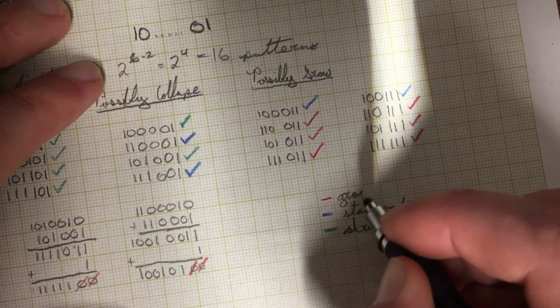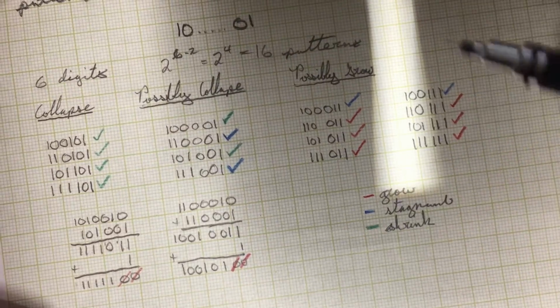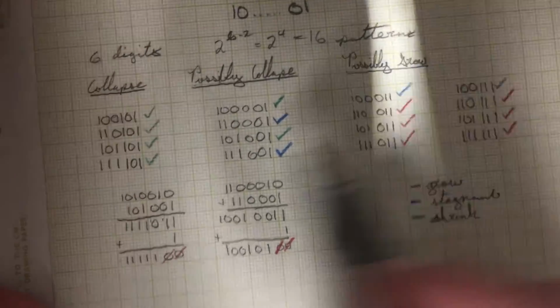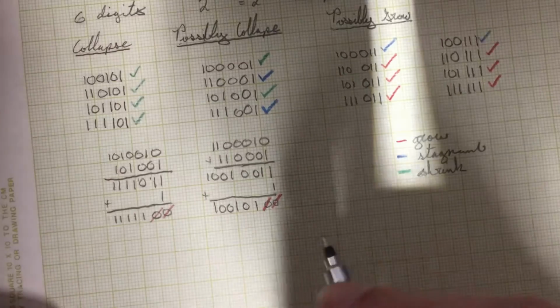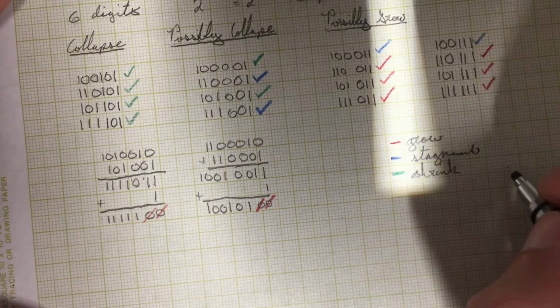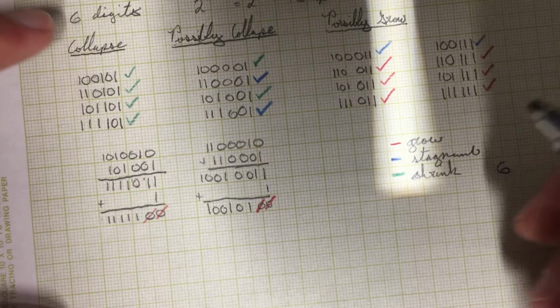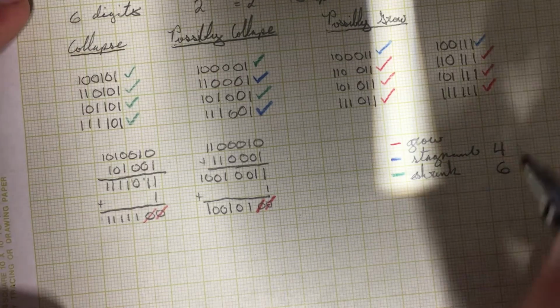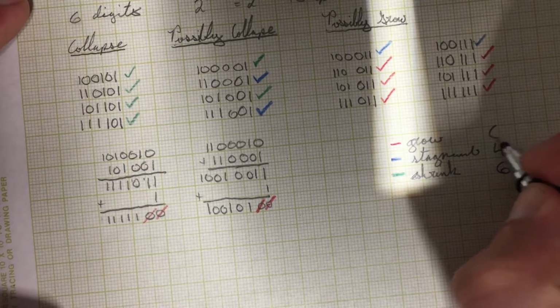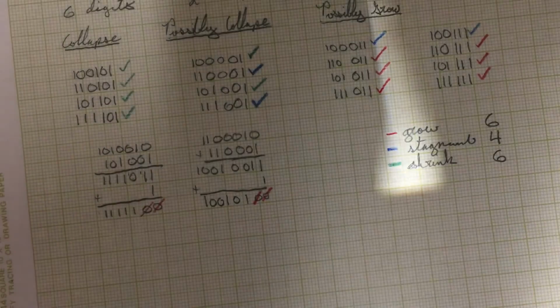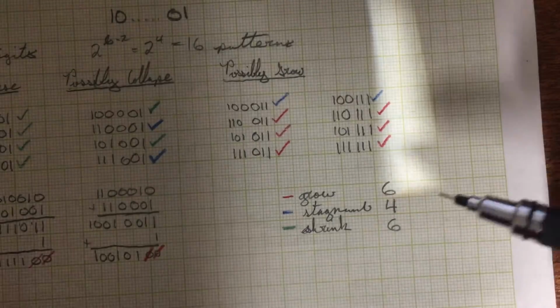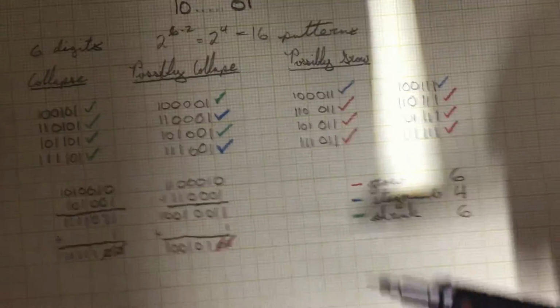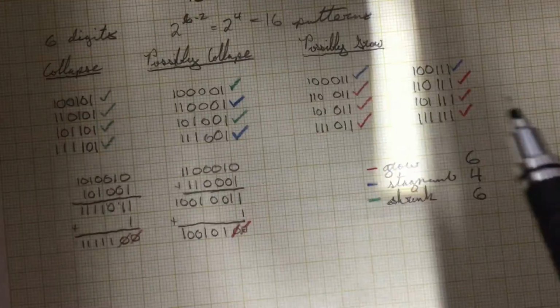And so one thing I want to point out is that there's a very nice symmetry in the total number of numbers. So we have 6 that shrink, we have 4 that are stagnant, and then we have 6 that grow. So this splits very nicely.